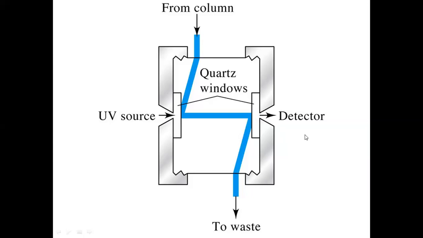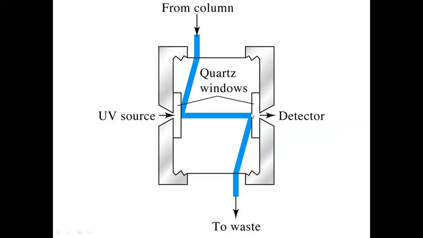Here photomultiplier tubes or phototubes will be available, functioning as detectors. The amount of light radiation absorbed by this species, or the amount of light transmitted out from the solution, will be measured and recorded by this detector, mainly photomultiplier tubes or photodetectors.